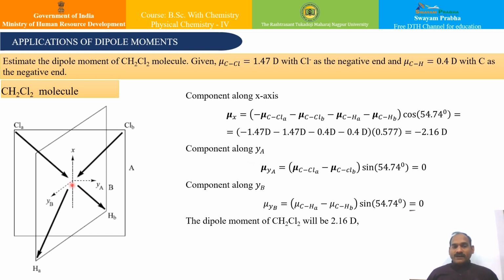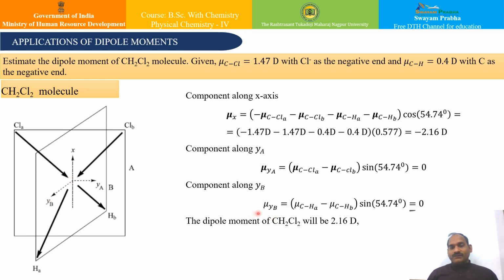Now I'll calculate the dipole moment along YA and along YB. So mu of YA will be equal to mu of C-ClA minus mu of C-ClB, because it is along the YA direction, times sine of 54.74 degrees, and that is equal to 0. Both of them are the same. Then let us have the dipole moment along the YB direction.